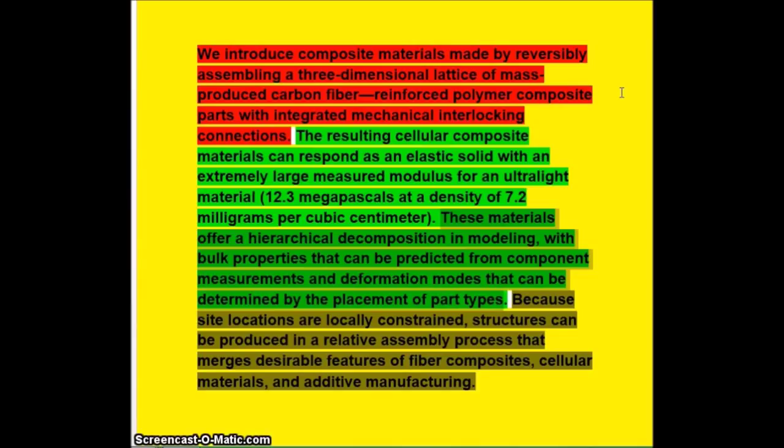And the fourth sentence also is an evaluation about what's important about the research. Because site locations are locally constrained, structures can be produced in a relative assembly process that merges desirable features. So again, this is what's good about it. So this is almost like a conclusion.